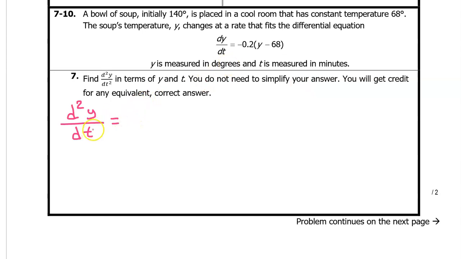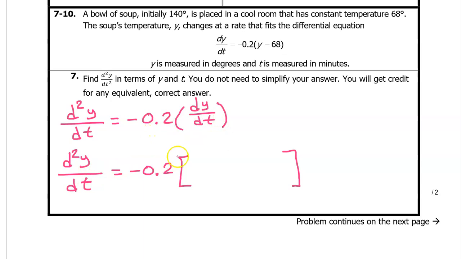To find the second derivative, we will take the derivative of the first derivative. When I see a constant in the front, I'm just going to bring that down. And then I will move on and take the derivative of whatever is left. Taking the derivative term by term, the derivative of y is dy dt. But the derivative of a constant is 0, so I write nothing.